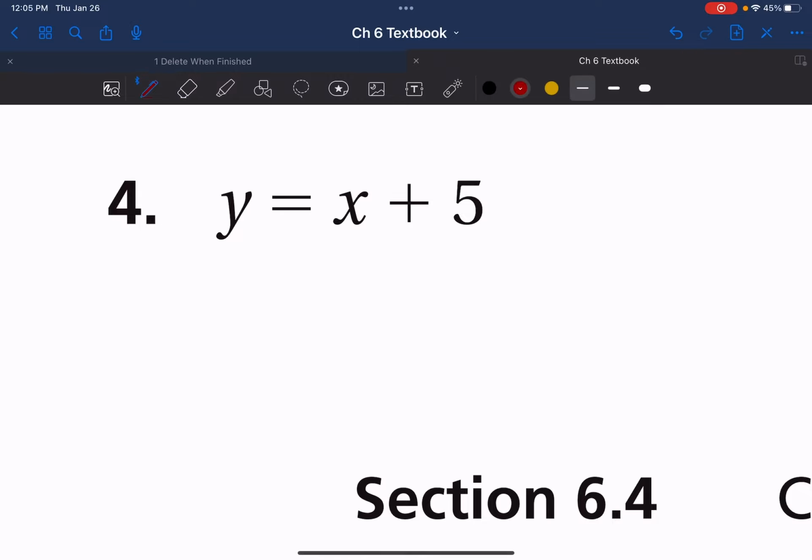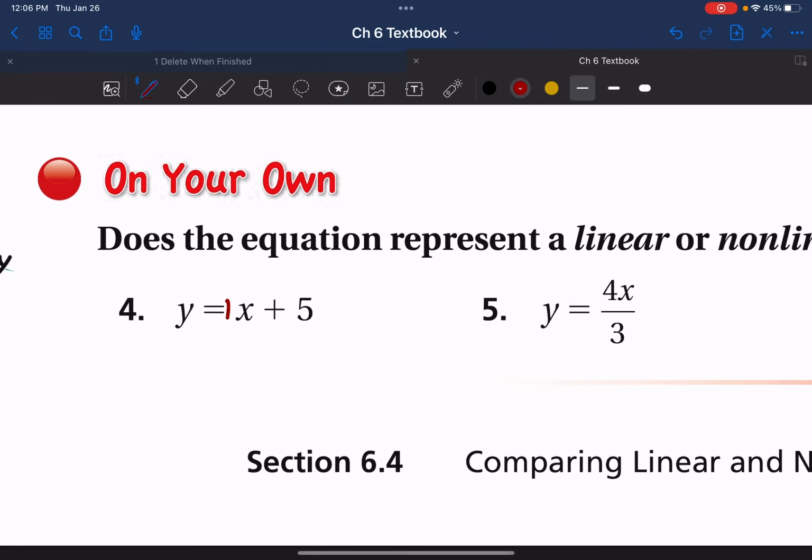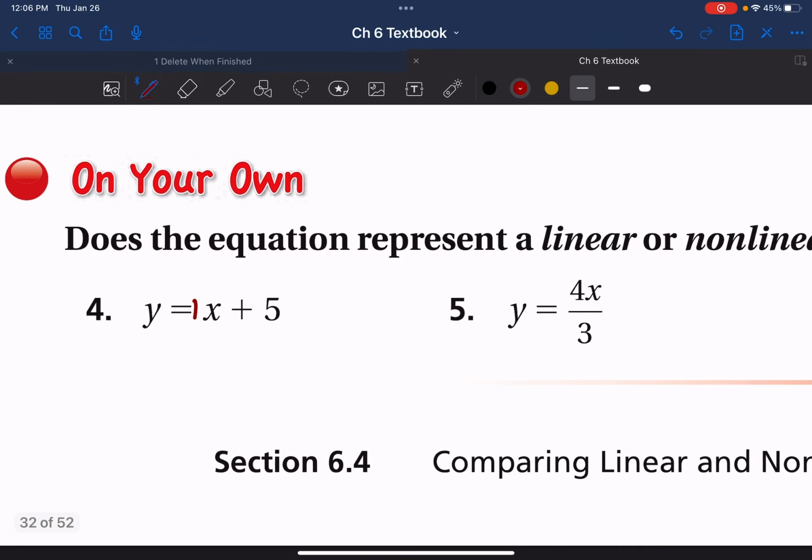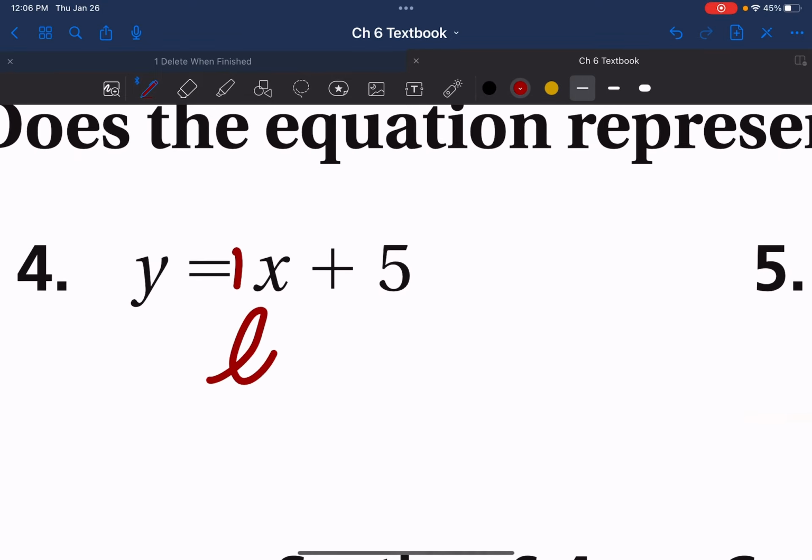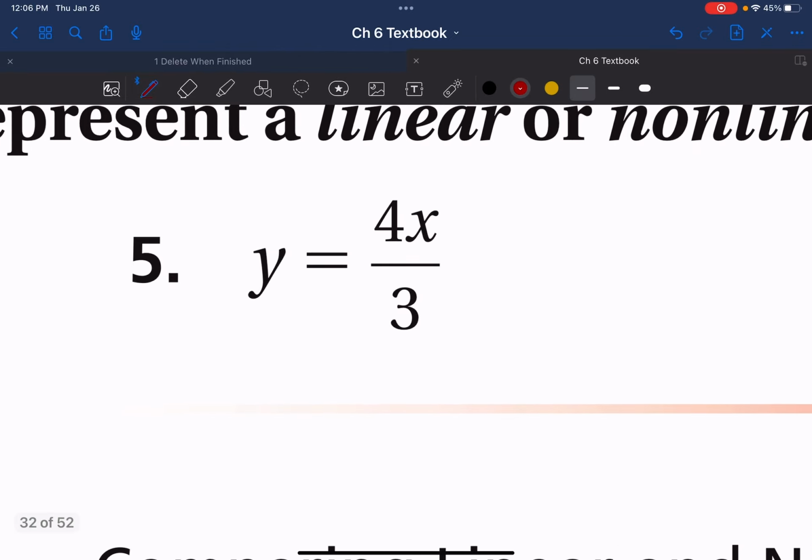For example, is this y equals mx plus b? Yes, there's a 1 in the m, right? So the question is, does this equation represent a linear or a non-linear function? This would be linear. Number 5, x in the numerator, good. So this would be y equals 4/3 x. That's y equals mx.